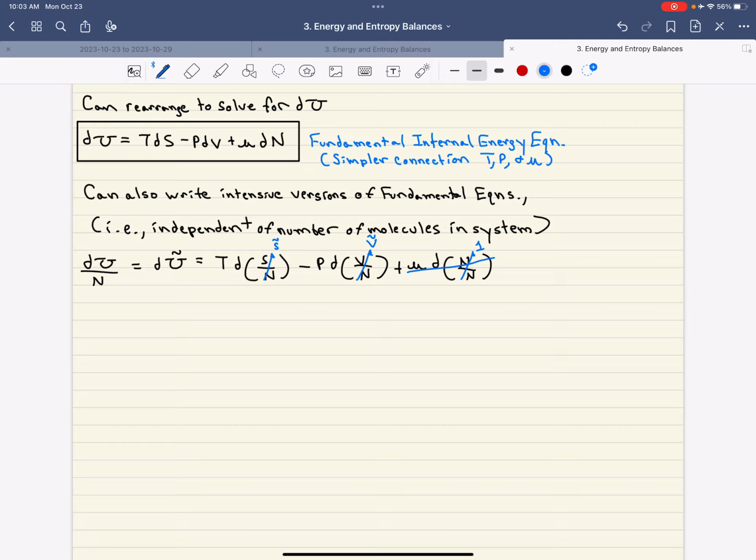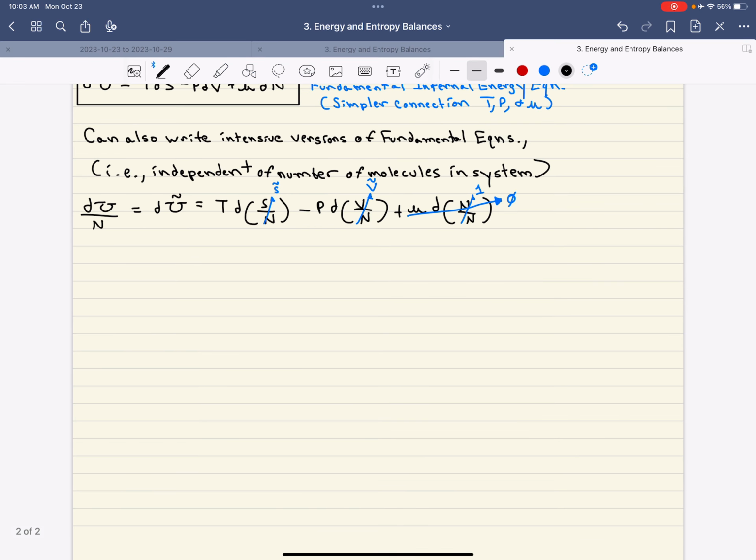And so as a result, this entire third term is going to drop out. And so when we write the intensive version of the internal energy fundamental equation, we just get this. We don't need to worry about any sort of N dependence. We just have the entropy and the molar volume terms.